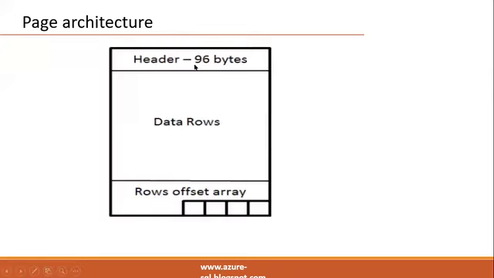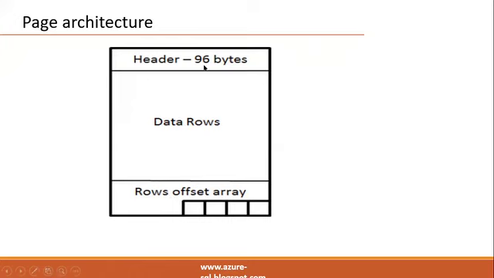Check here. Every page has a page header. See, that 8 KB memory area is divided into three parts: header, data, row offset. Page header is there, data is there, row offset is there.